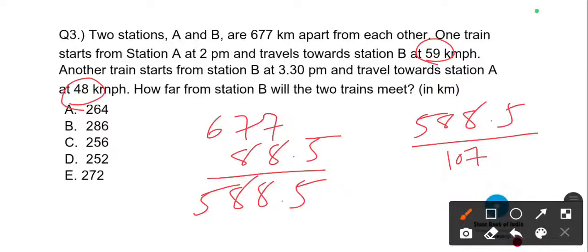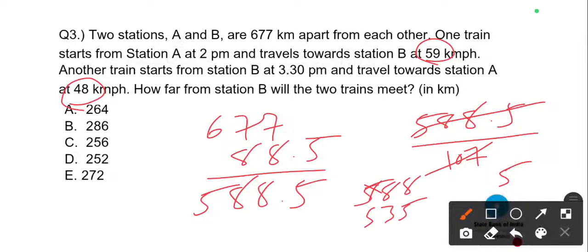So 107 5 times will be 535, 588. So we have 5.5 hours it takes to cross each other.